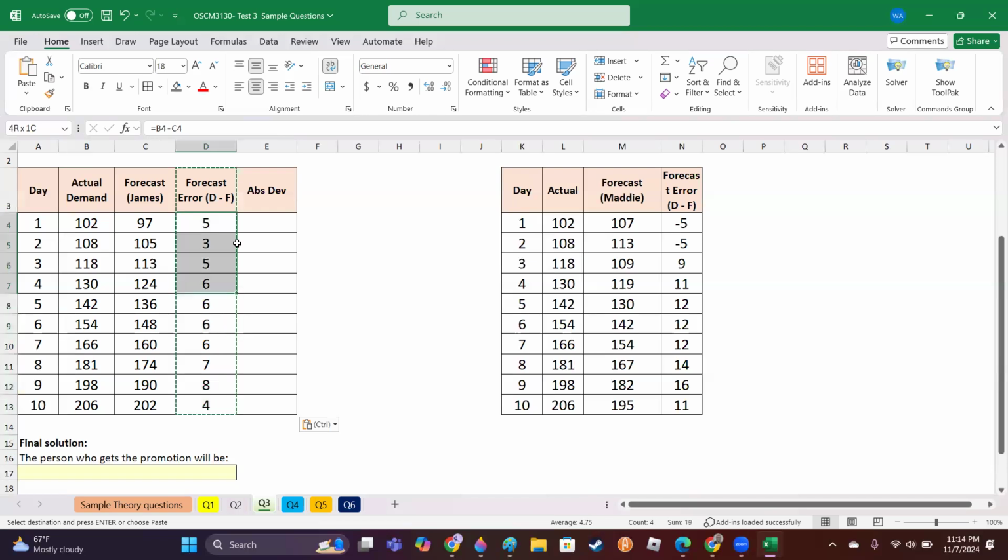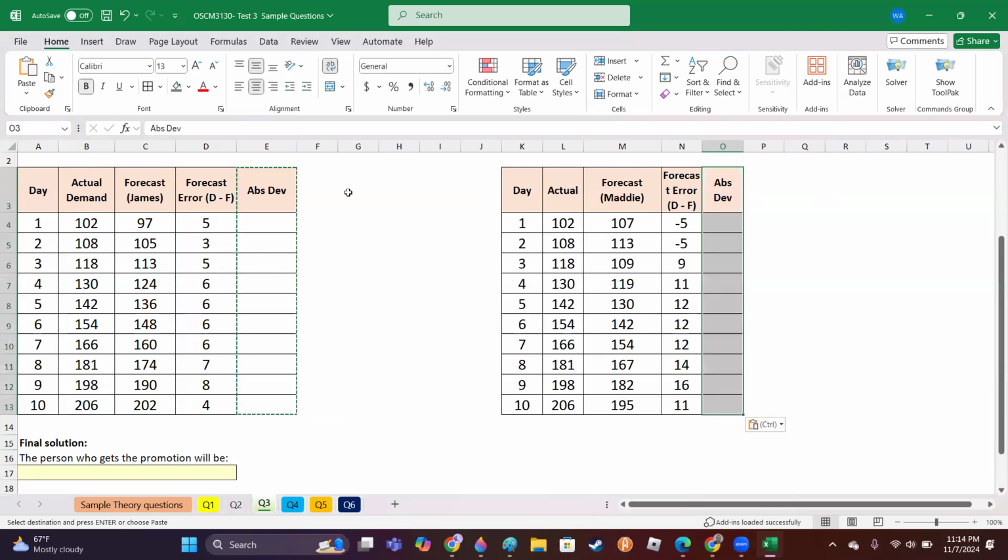You'll notice here that everything is positive, so I really would just type them all in. But for consistency's sake, because I have to do the same for Maddie, and I see Maddie has some negatives here, I'm going to do the same steps that I would have done if they both had some negative values, okay?